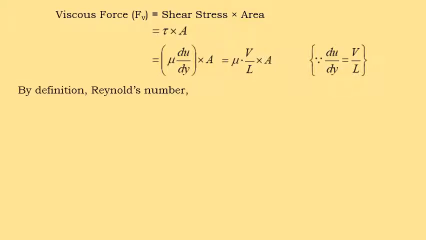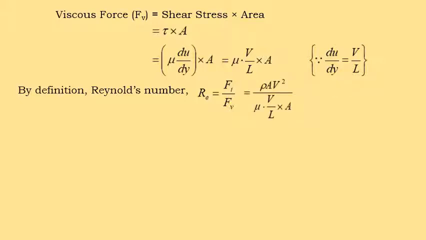By definition, the Reynolds number is given by the ratio of inertia force to the viscous force. That is, Reynolds number, denoted by Re, is equal to inertia force Fi to the viscous force Fv.